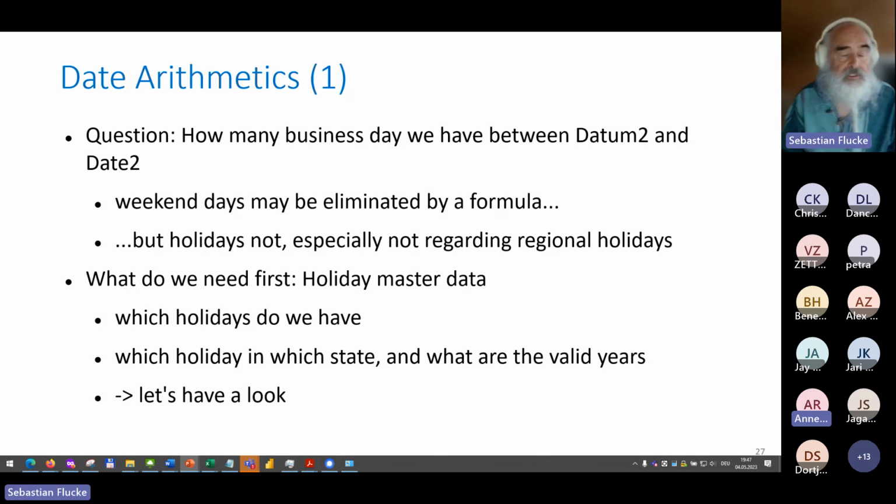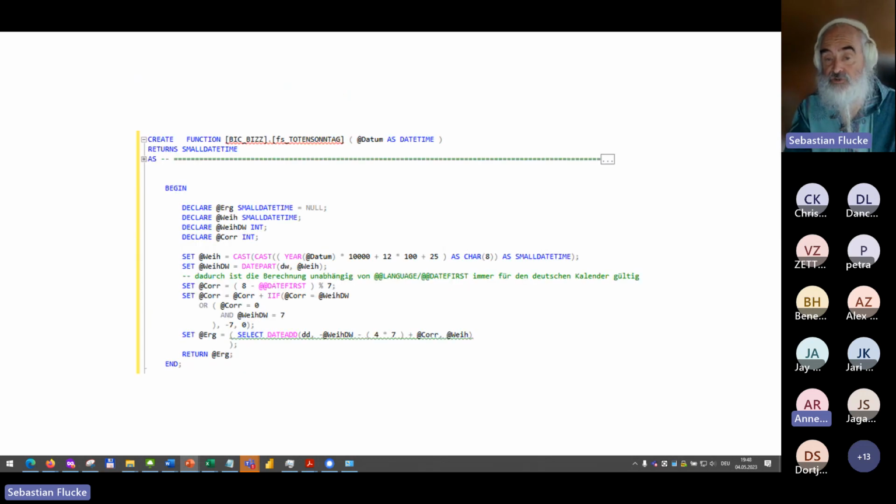But depending on how heavily you have to deal with holidays, moving holidays and fixed holidays, it's a good idea to have that holiday information in your date dimension as well. And for that reason, such functions can be used to calculate the starting points for moving holidays to create a date dimension.